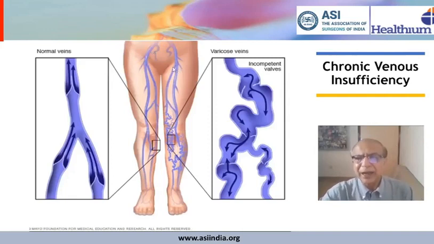Once the system fails anywhere, whether at the saphenopopliteal junction, or at the level of the perforator, or at one of these valves here, depending upon the duration, the type of person, the degree of failure, and the number of veins affected, you will get the symptoms and the visibility of tortuous veins.